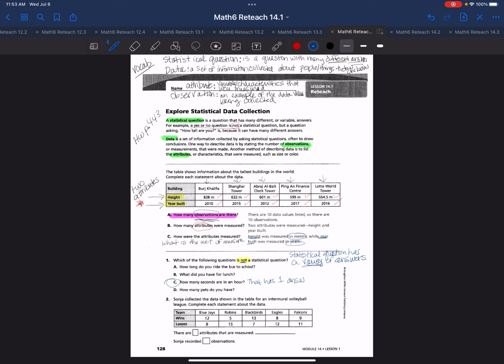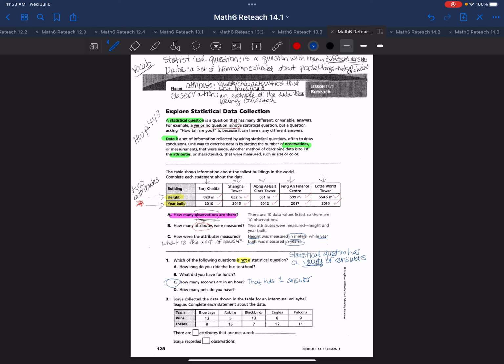It's fixed, meaning we know exactly there are 60 seconds in a minute, and there are 60 minutes in an hour. So there's a specific answer for how many seconds there are in an hour, so that is not a statistical question. And again, D, how many pets do you have? You could have a different amount of pets in your lifetime, so that is a variety of answers.